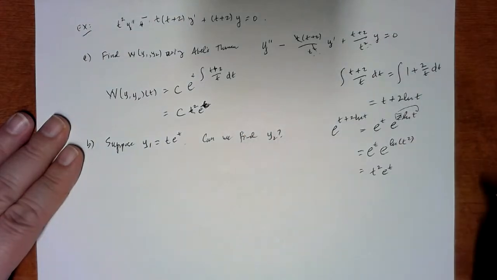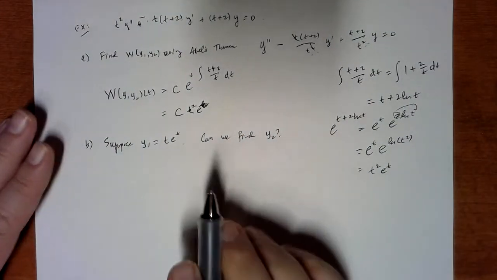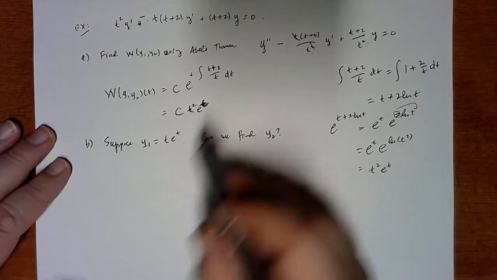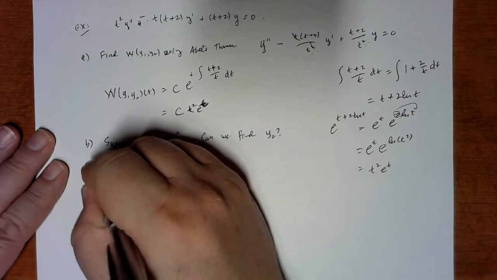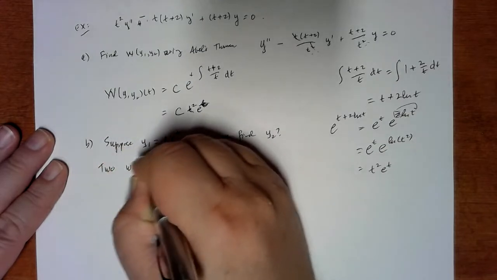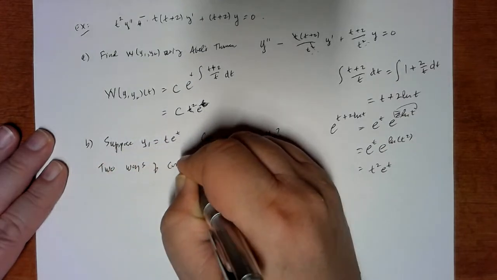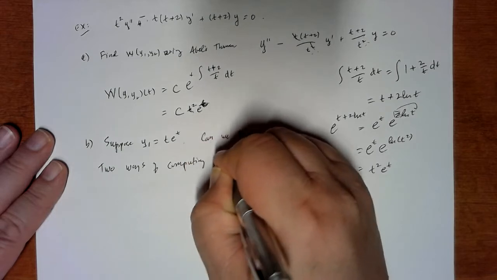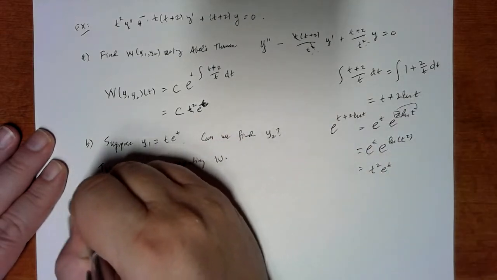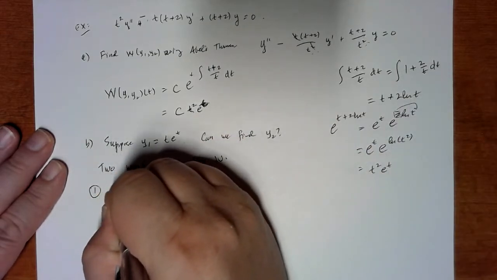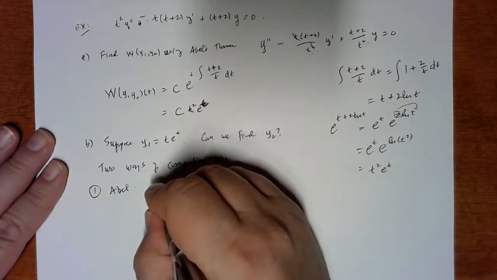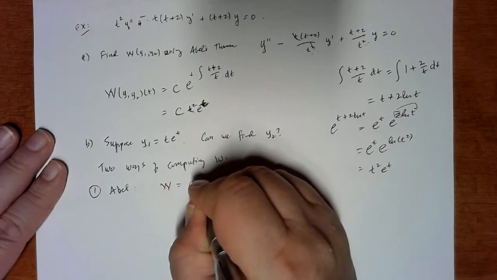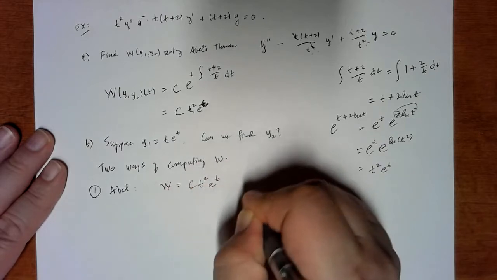y2? Well, notice a really interesting point. I now have two different ways of computing the Wronskian. Method one is by using Abel, right? And I know from that my Wronskian is c t squared e to the t.